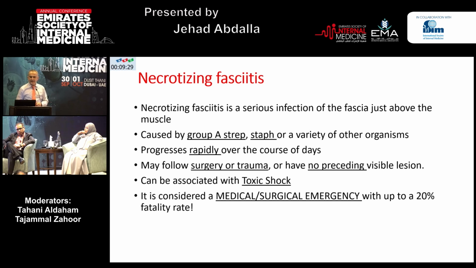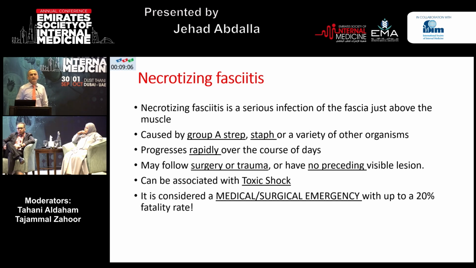And what is that? Usually it comes after trauma or surgery, but sometimes without any preceding lesions or reason. And it can be associated with toxic shock syndrome. And what's the treatment? Medical and surgical. You start fluids and hydrate, antibiotics, surgery.